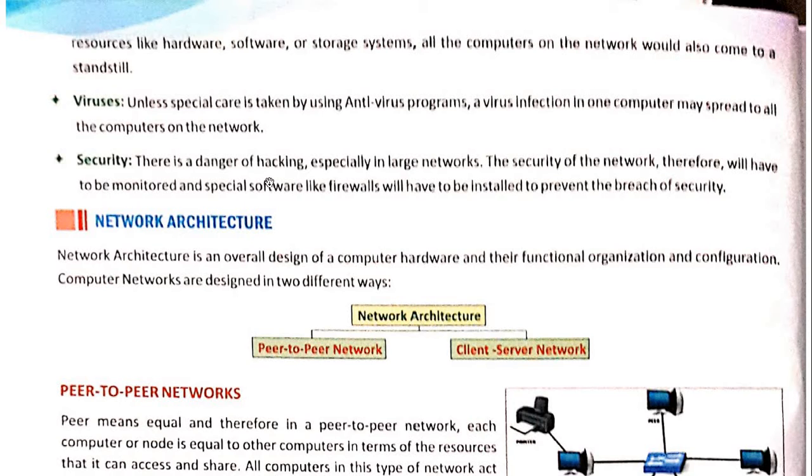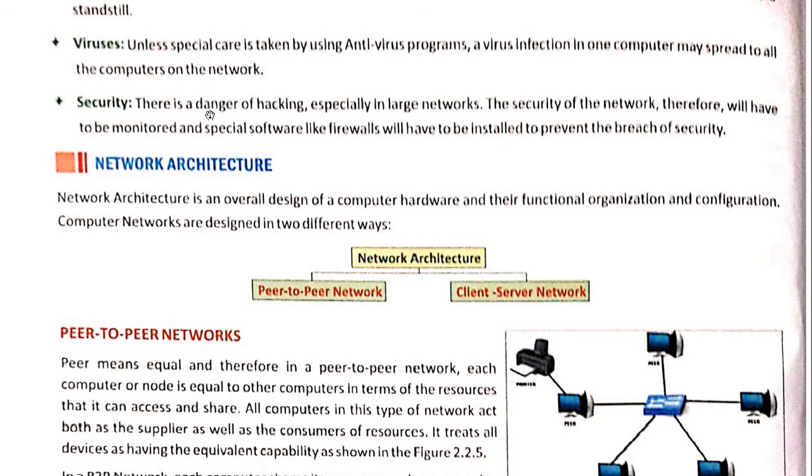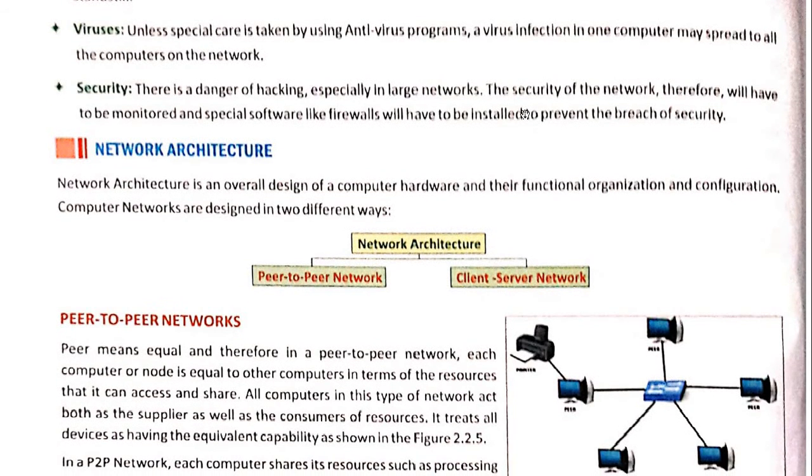So security, and there are chances of security issues. For example, even if one of the computers gets hacked, all the information may be leaked. So these were the disadvantages, but you can think that these are not disadvantages in the present.